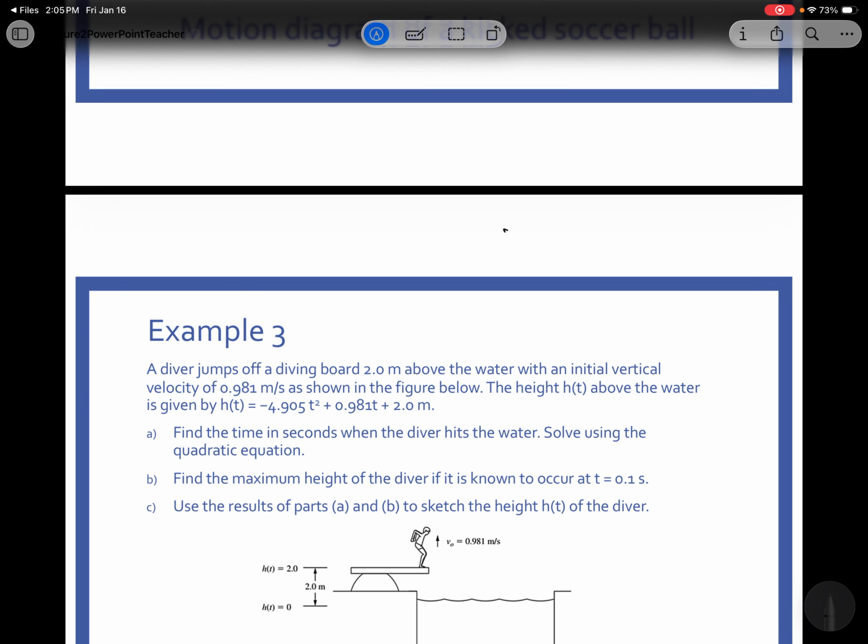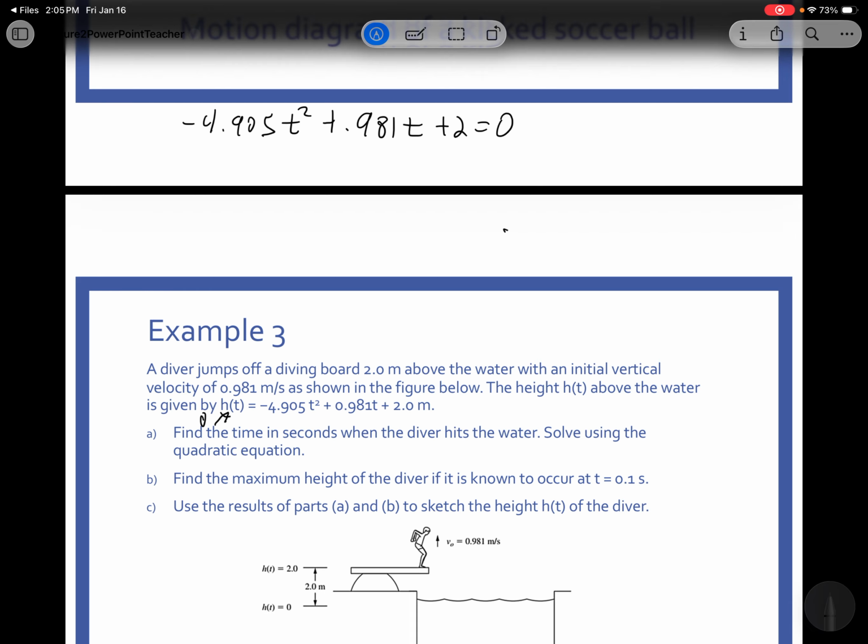So now looking at our equation, we'll have negative 4.905, and we're looking for time, and that is our variable t squared plus 0.981 t plus 2, and again the height, this value here, will be equal to 0. So you can just use your straightforward quadratic equation.